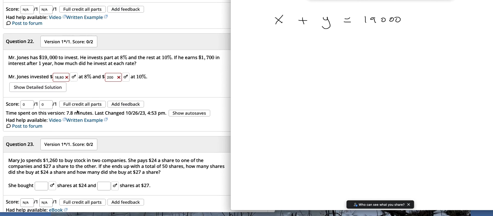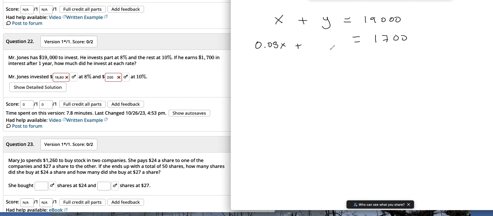And then the harder one, that's the scaled one, and that's going to include everything else here. So he invests some at 8% and some at 10% to make this much interest. So this is the equation for the total amount, and this one's the equation for the interest that's paid. So we know he gets 8% on one of these, so it goes 0.08 times x, and however much is in there, if I took 8% of it, that would give me that amount of interest.